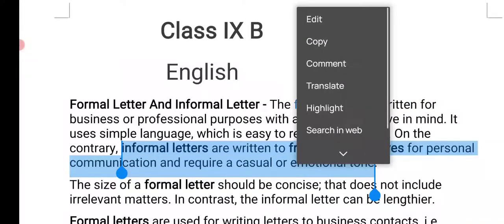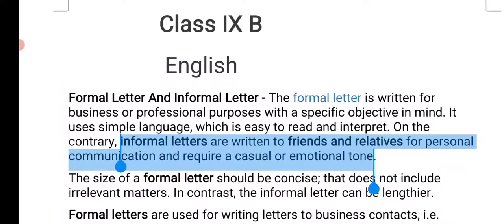That is why it is different from formal letters, because when you write to your friends, your relatives, for your personal communication, it doesn't mean that it has to be purposeful all the time, right? You can just start a conversation anytime. And the tone could be casual or emotional. It doesn't have to be very professional, like in formal letters.